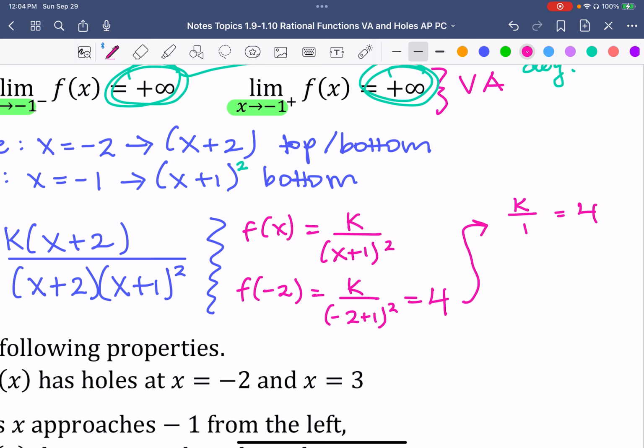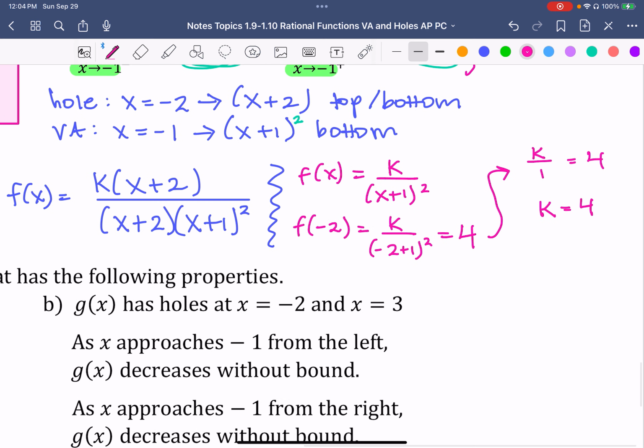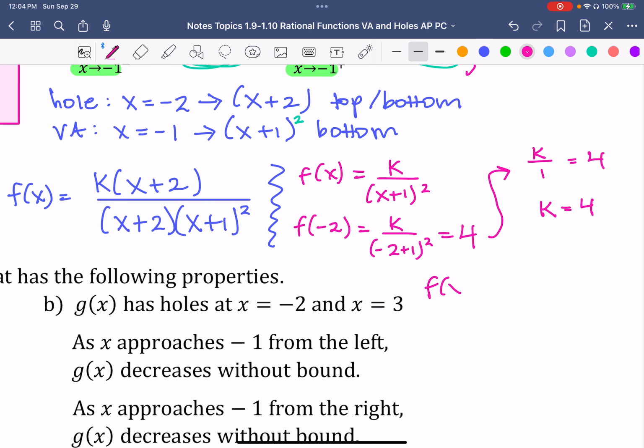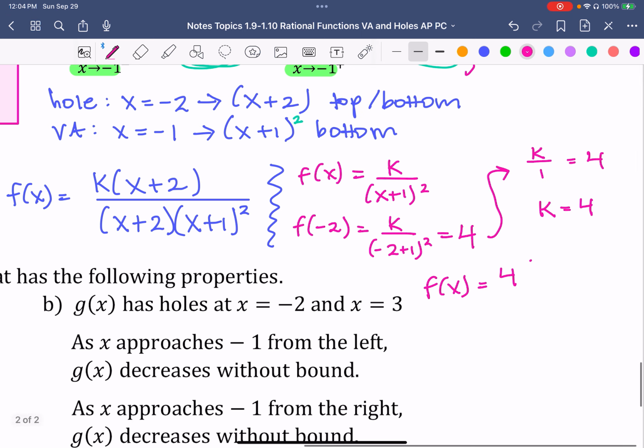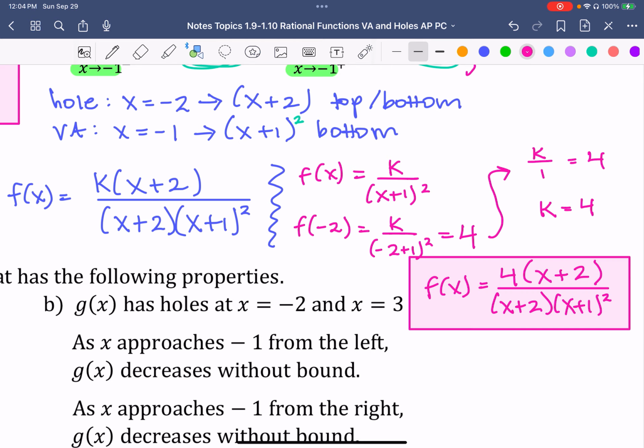And that has to equal 4. So the only thing that k could be is positive 4. Which means that my final function would be f of x equals 4 times x plus 2 divided by x plus 2 times x plus 1 squared. And that is the answer there.